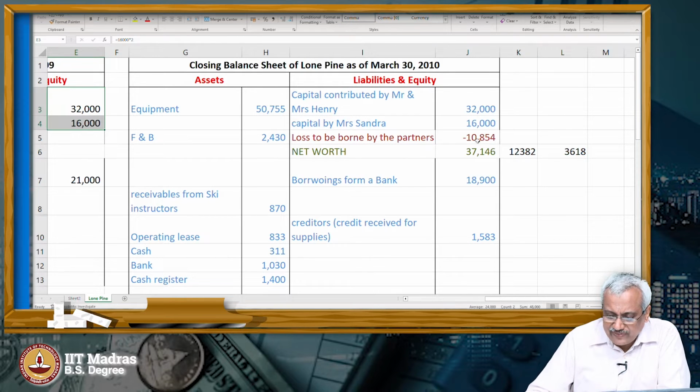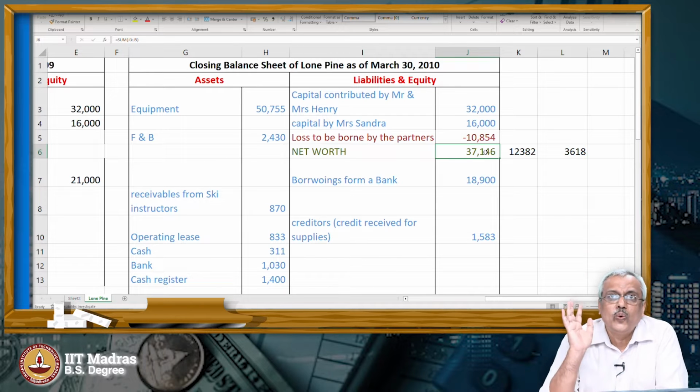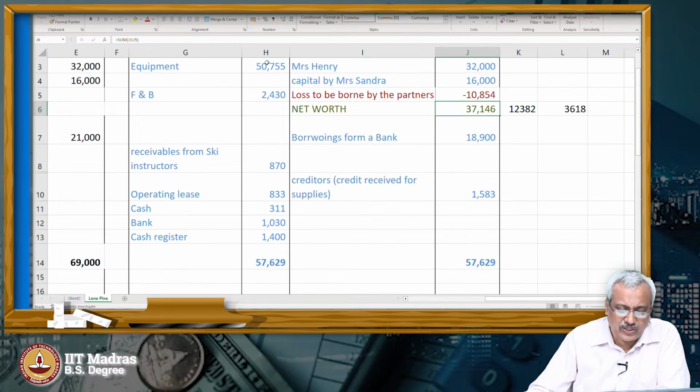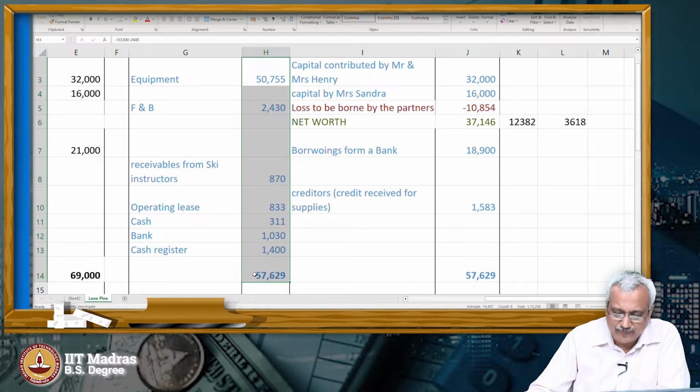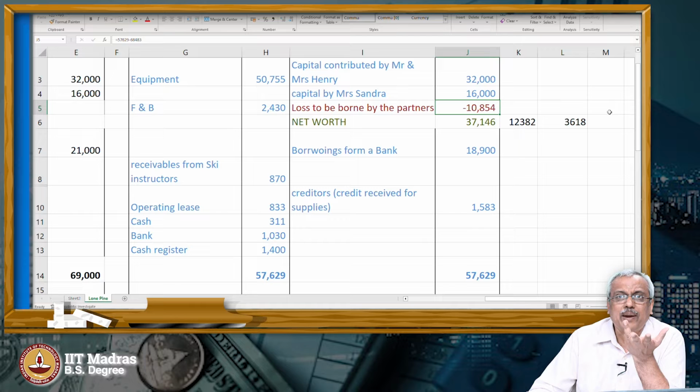If the loss itself is 48,000, then what is the net worth? Zero. So what happens? After selling off all the assets, I will generate this money. I use it for paying the liabilities, then I have nothing left to pay the capital providers.